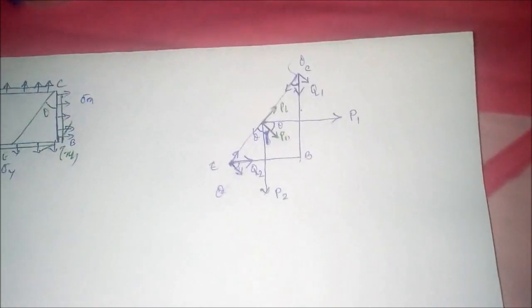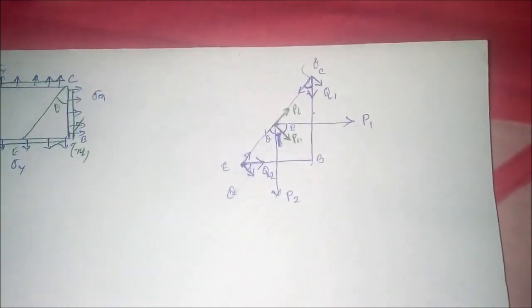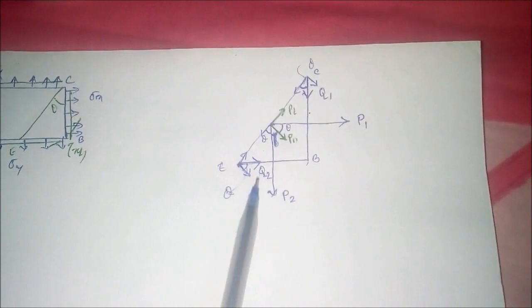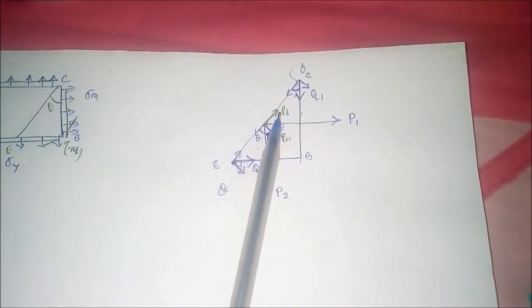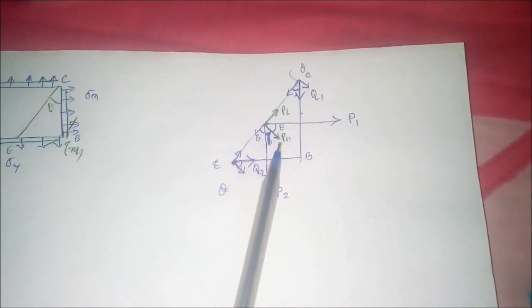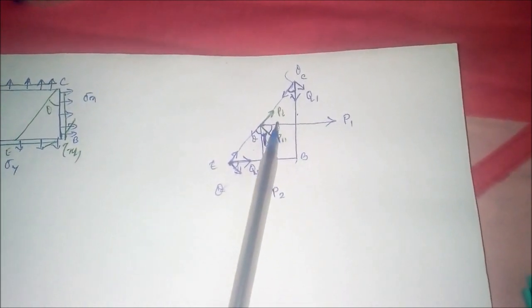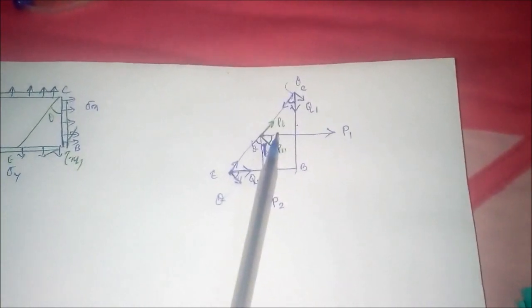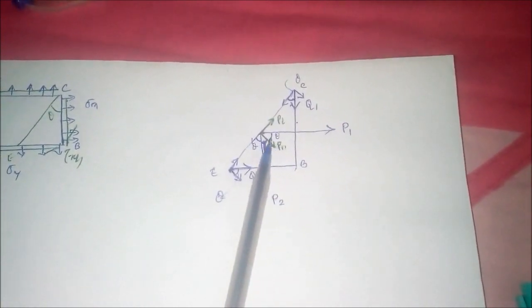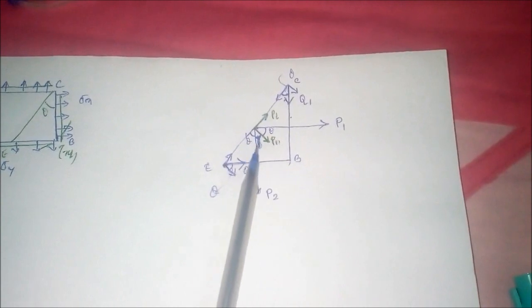This plane has Pn in the normal direction and Pt in the tangential direction, and we have to find the values of Pn and Pt. Ultimately we have to find the value of sigma n, the normal stress on this plane, and the shear stress on this plane, right?